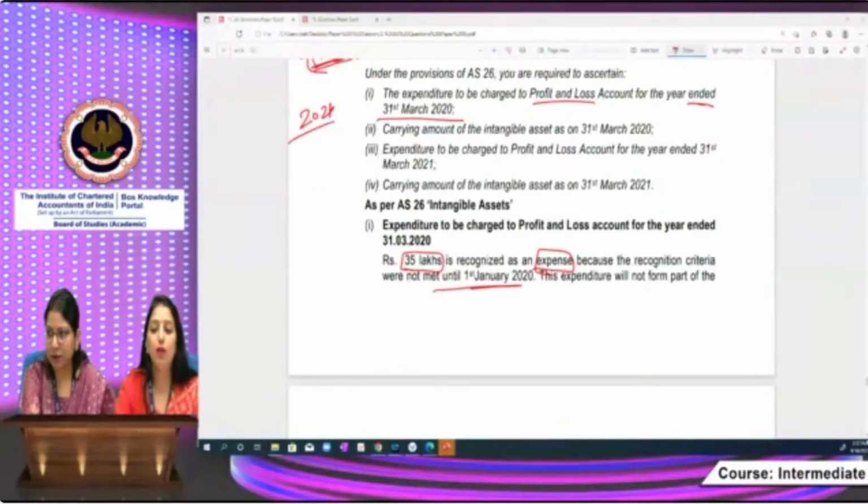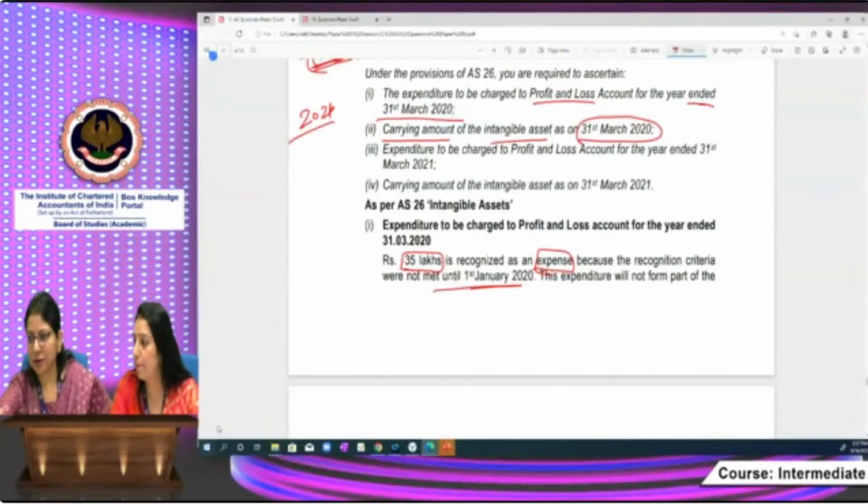The next requirement of the question is, what will be the carrying amount of the intangible asset on 31st March 20? Now let us know what will be the carrying amount of the asset.